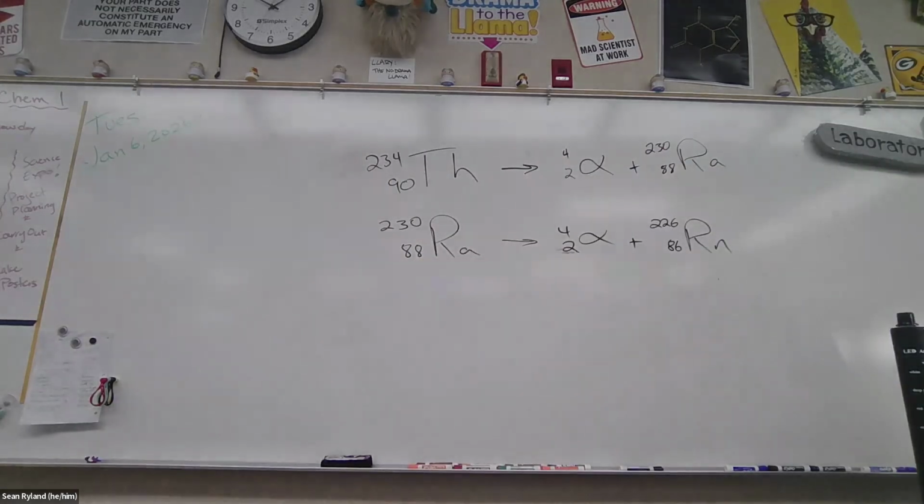Right, because follow on the periodic table. If you look at radium, 88 in the bottom left corner, when it gives off 2 more protons, now it's 86, which is radon.